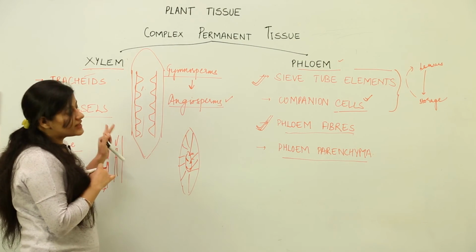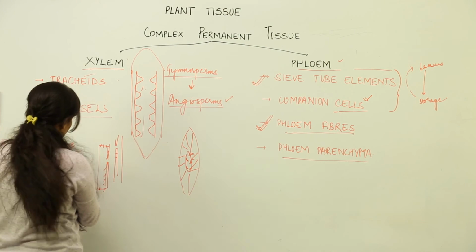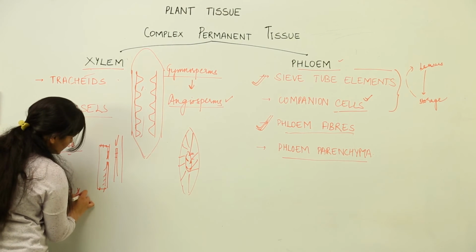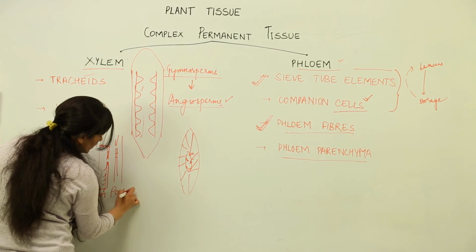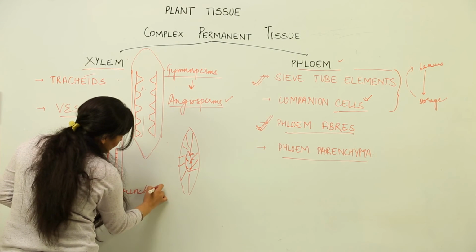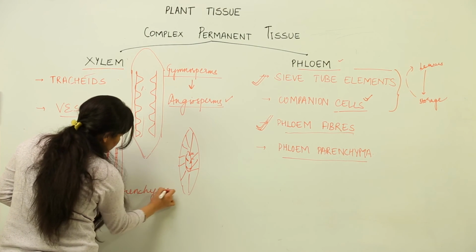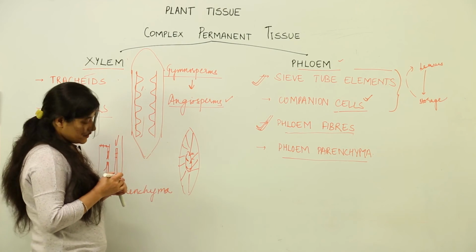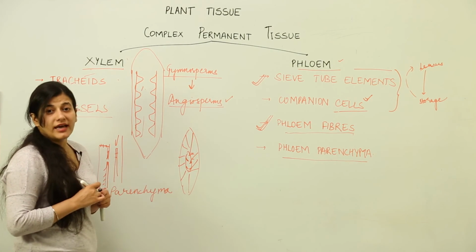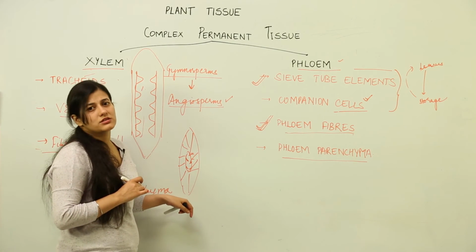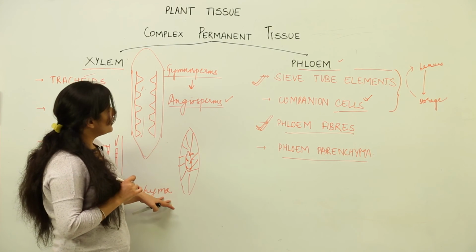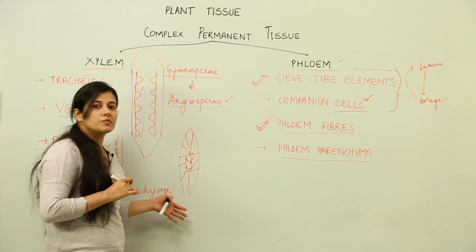And talking about xylem parenchyma, which is the fourth type of cell and the living cell present in it, the parenchymatous cells are small in size, they have a thin cellulosic wall, and in later stages of life they are responsible for storing tannins and other starch-like substances. They could store fats as well, and in later stages they can also become dead.